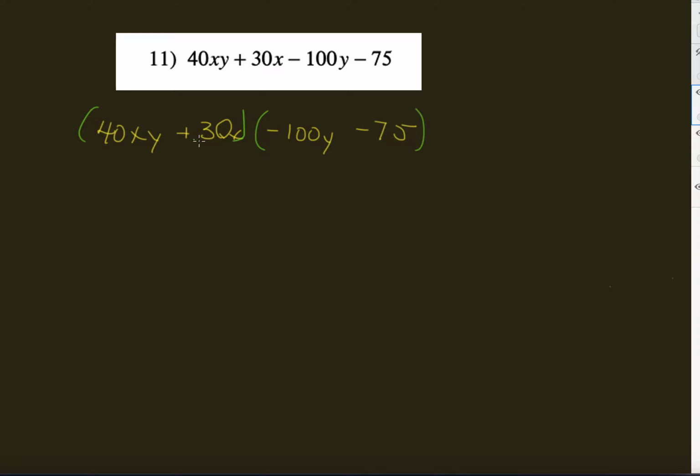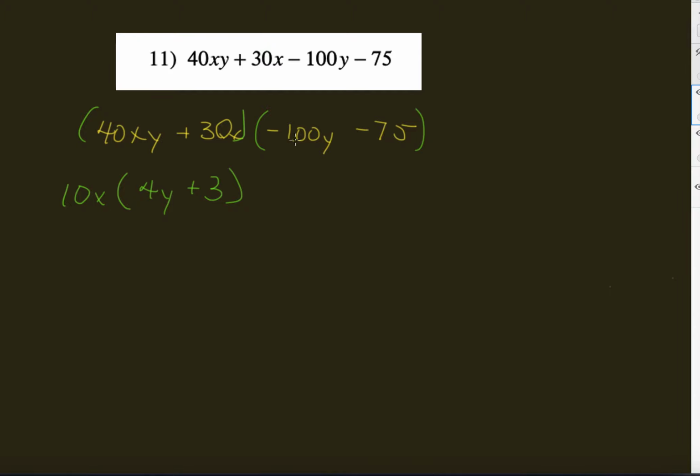Well, obviously, they're divisible by 10, and they have an x in common, so we factor out a 10x. What's left inside is 4y plus 3, right? Because divide each of those by 10, you get a 4 and a 3. Divide out an x, y is left over, just a 1. Okay? So what I want to find in here is 4y plus 3.